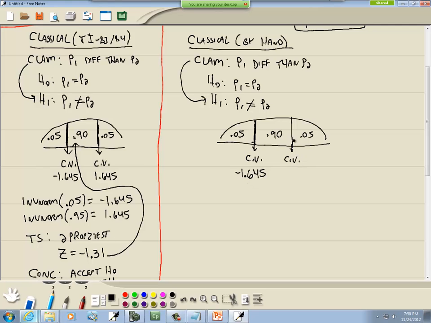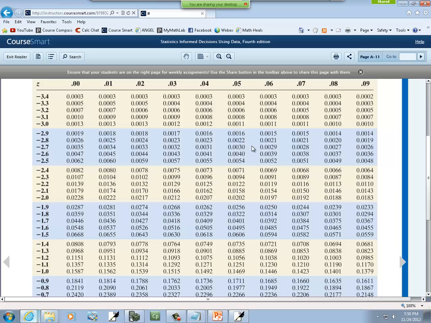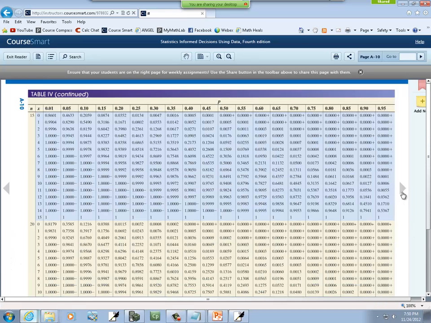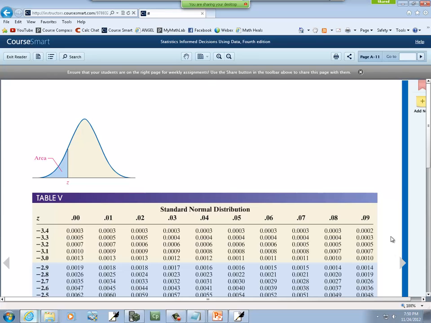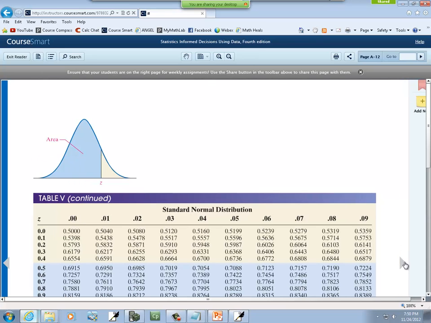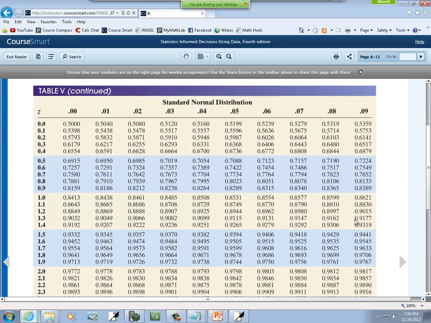Now for this one, we're looking for the area of the left, which is 0.05 plus 0.90, so 0.95. So I'm looking for 0.95 in the middle. Here's 0.9495, here's 0.9505, so it's halfway in between those.